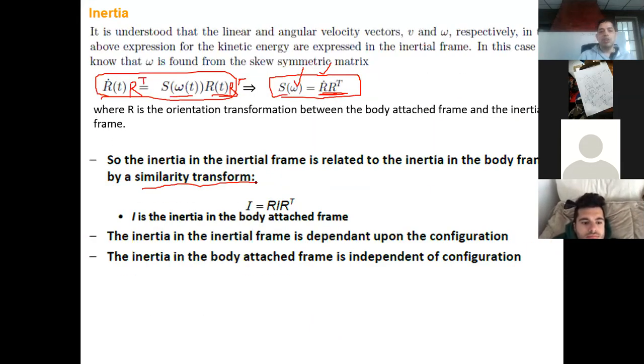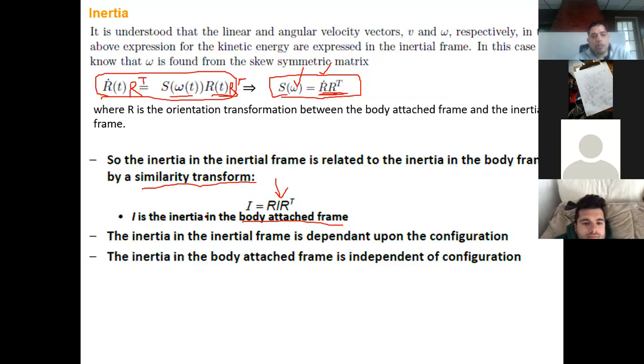So what I meant is, if you are given the inertia in body frame, this guy is the body frame. Then you can convert this body frame inertia to inertia in the base frame or inertial frame.